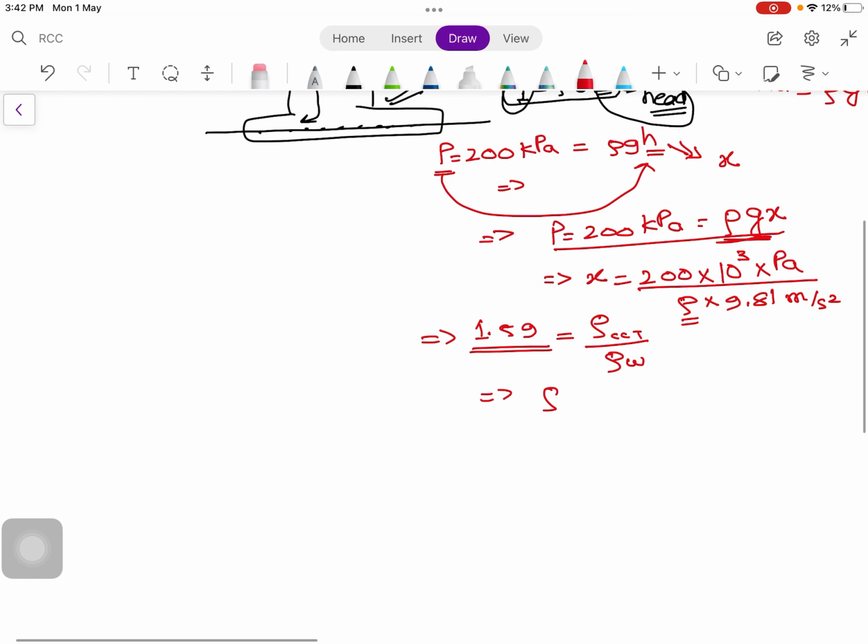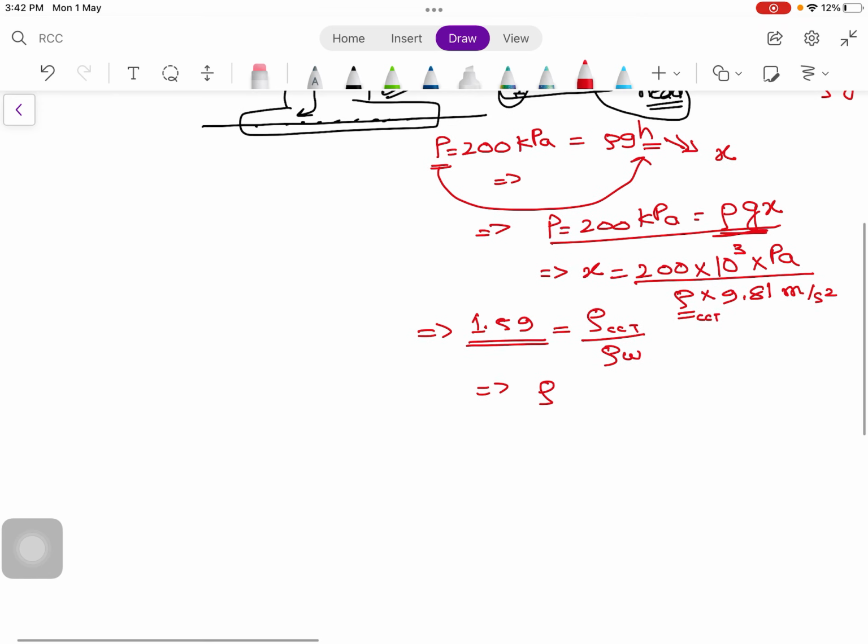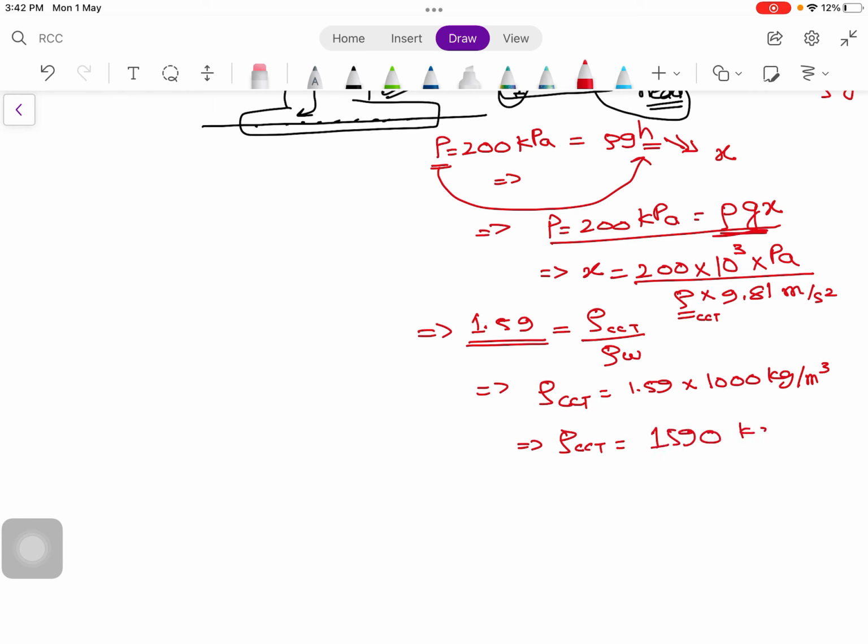So the density of carbon tetrachloride, which is the liquid in question, equals 1.59 times the density of water, which is 1000 kilograms per meter cube. That means the density of carbon tetrachloride is 1590 kilograms per meter cube.